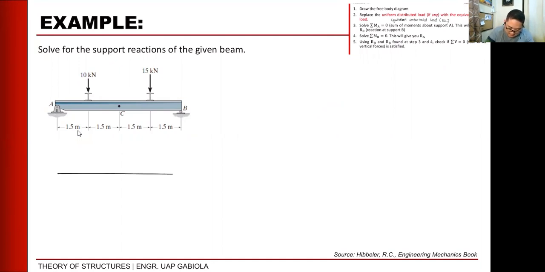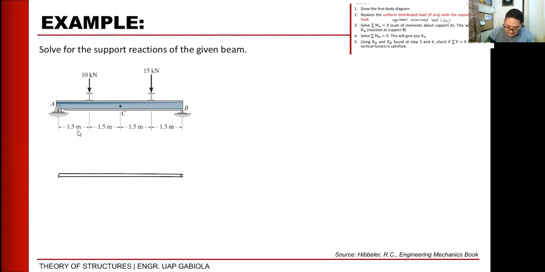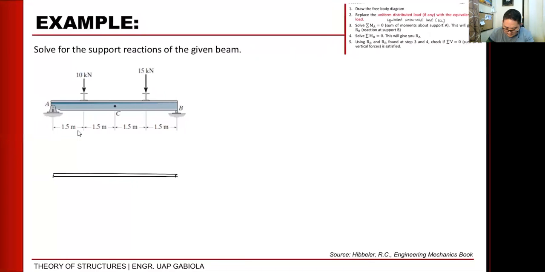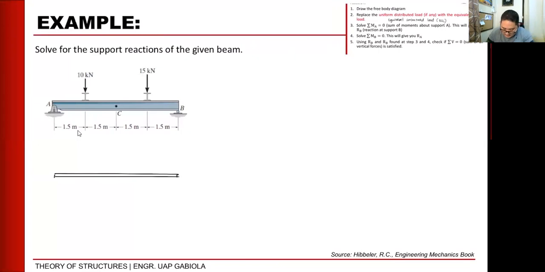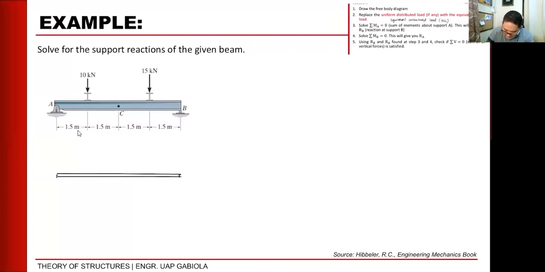Assume this is our beam. Let's do the supports first. Here at the roller at B, we have a vertical reaction, which I'll call RBY. Then for our hinge, we have a vertical and also a horizontal reaction, so RAY and RAX. Okay?